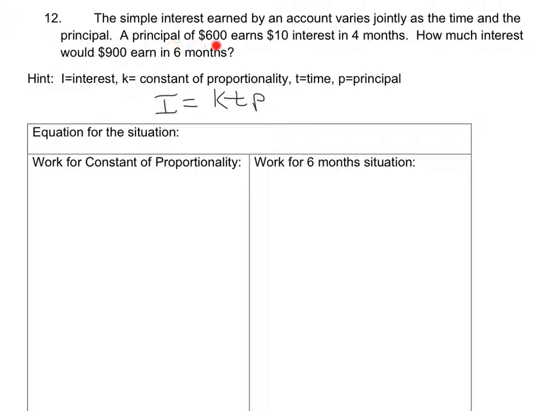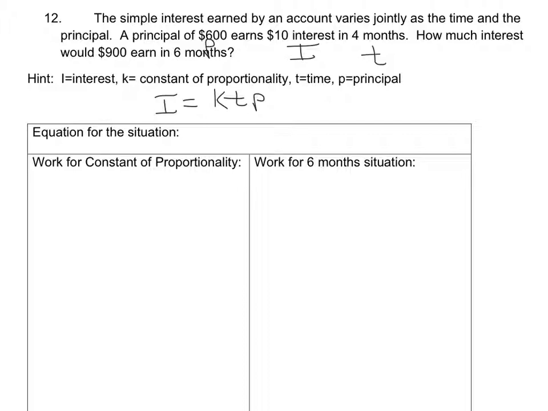It says a principal of 600 earns $10 interest. So this is P, this is I, in 4 months. This is T. How much interest would 900 earn in 6 months?